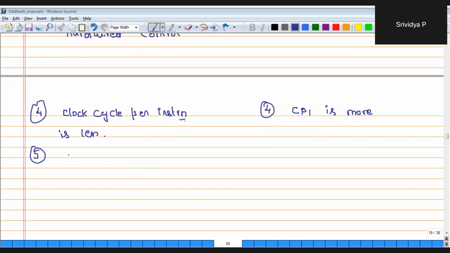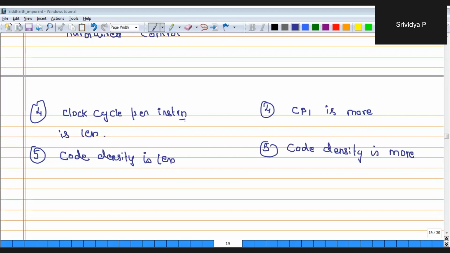The next difference is code density. Code density is less for RISC architecture and code density is more for CISC architecture. See, in RISC architecture, the instruction size is fixed. If we say it is 32-bit, all the instructions, including opcode, operands, everything will be coded as 32 bits.